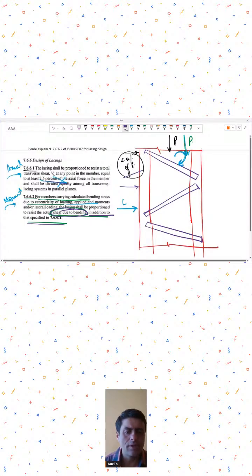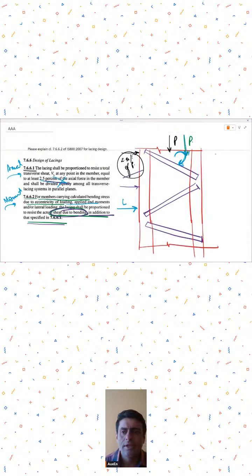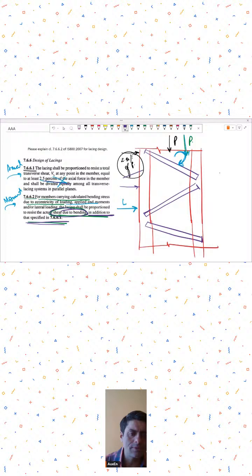But here, if you read the codal provision, it seems that they are saying to resist the actual shear in addition to that specified in this. So that means you will have to add up the shear due to bending moment or lateral force plus 2.5% of P. Okay. So actual shear due to bending or lateral, etc.